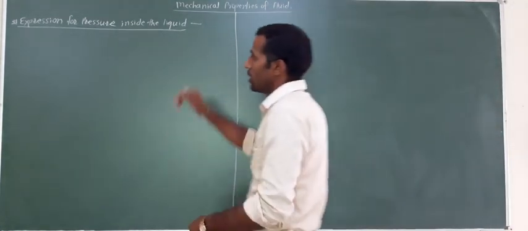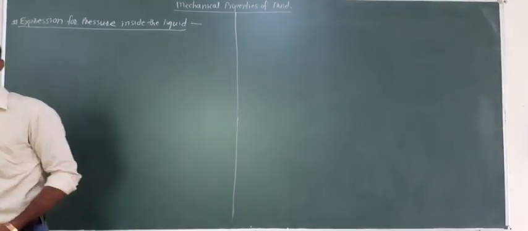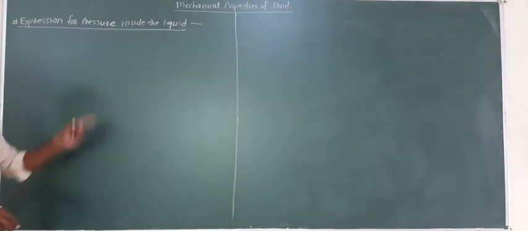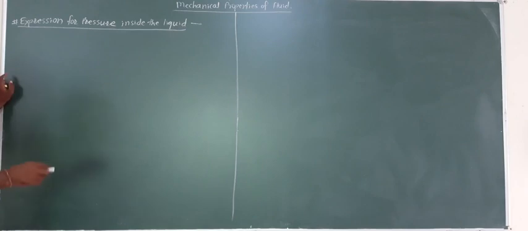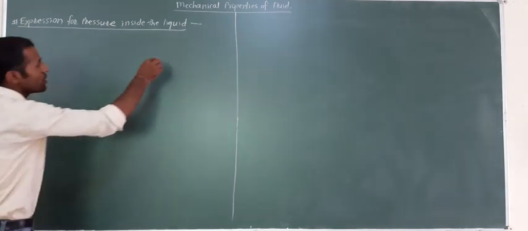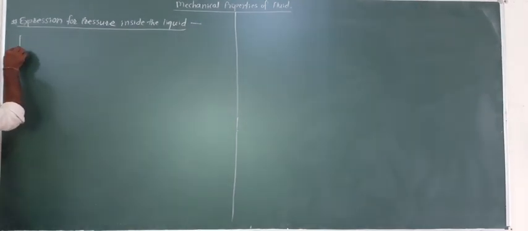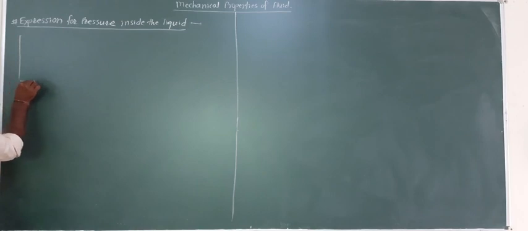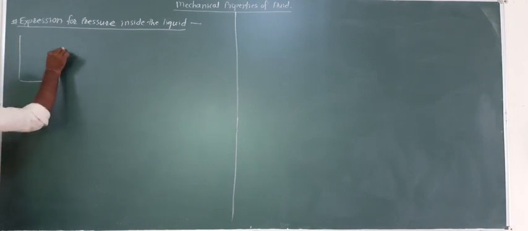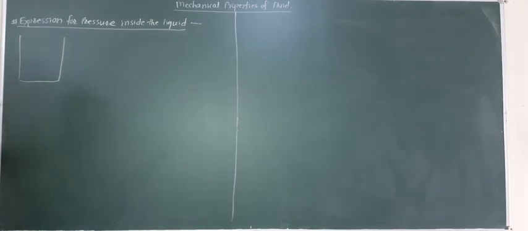Now, next is the expression for pressure inside the liquid. Let's consider a container. This container consists of a liquid of density rho.